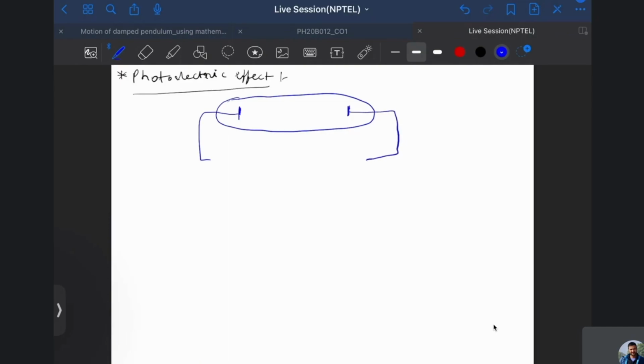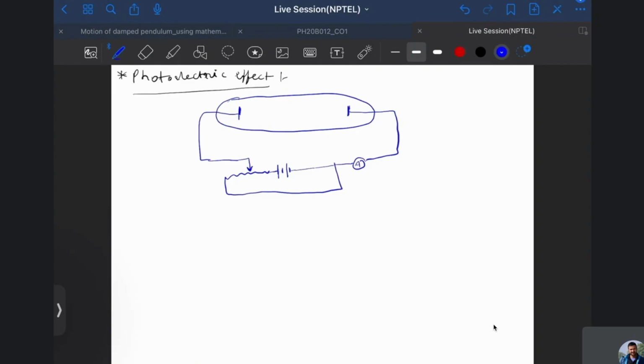Some load can be applied here. You can connect an ammeter here to measure the current, and this will be the voltage applied.